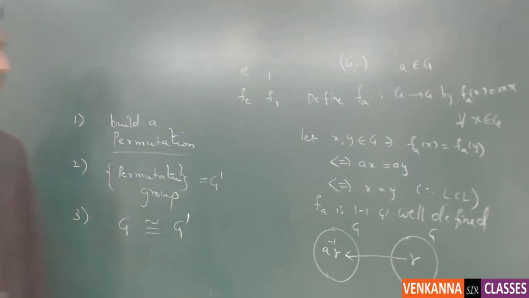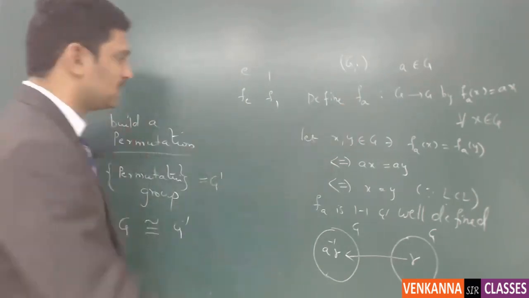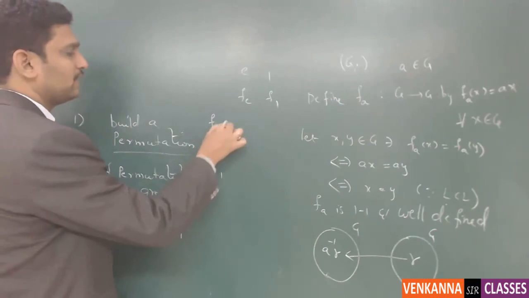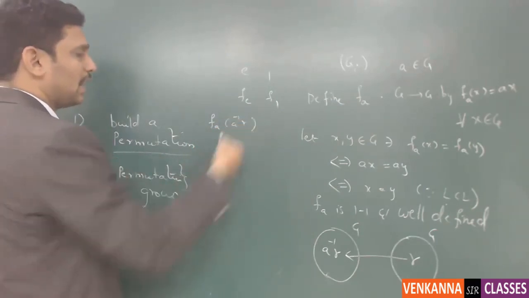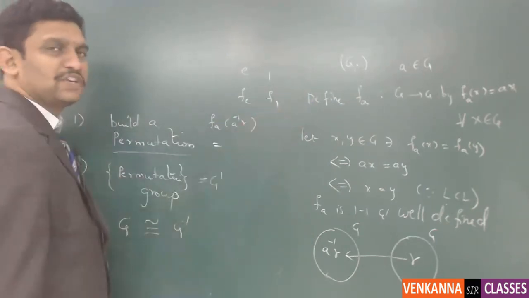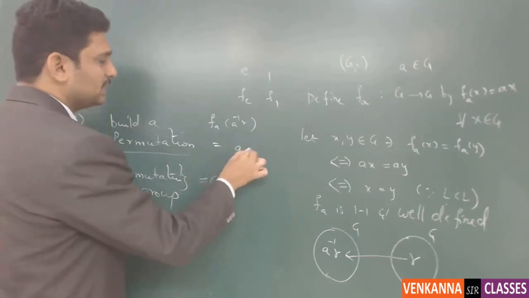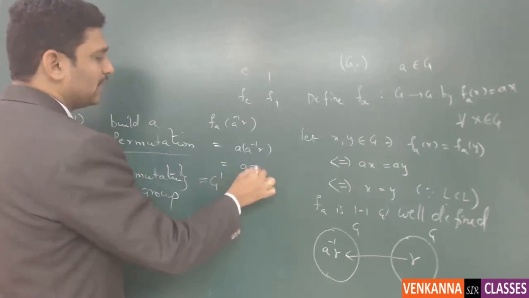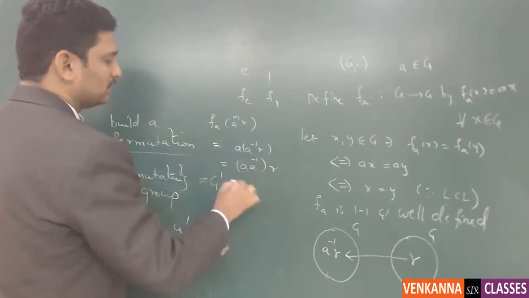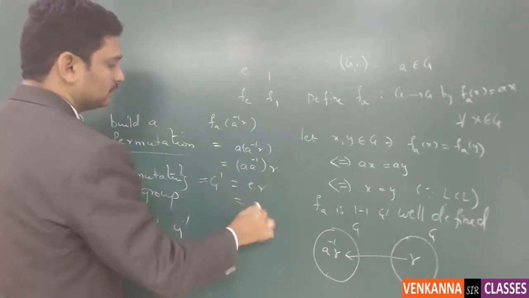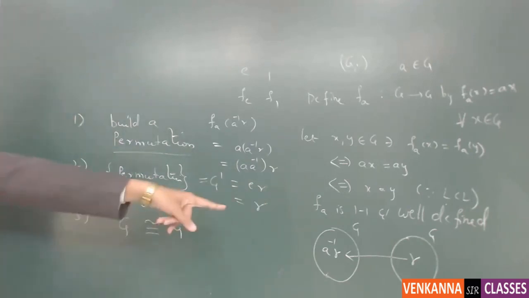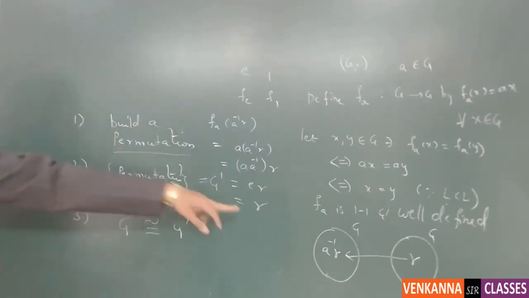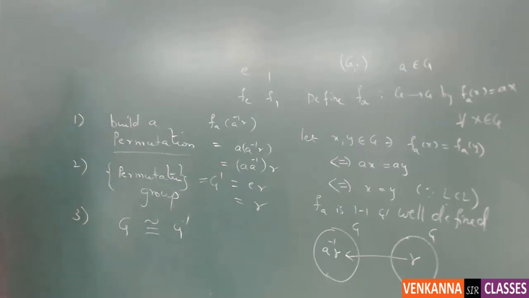Why? Because if you apply the permutation f_a of a inverse r, as per the definition of the function, it is a a inverse r, applying associative law, r. So for every element in the codomain, this is the corresponding pre-image.